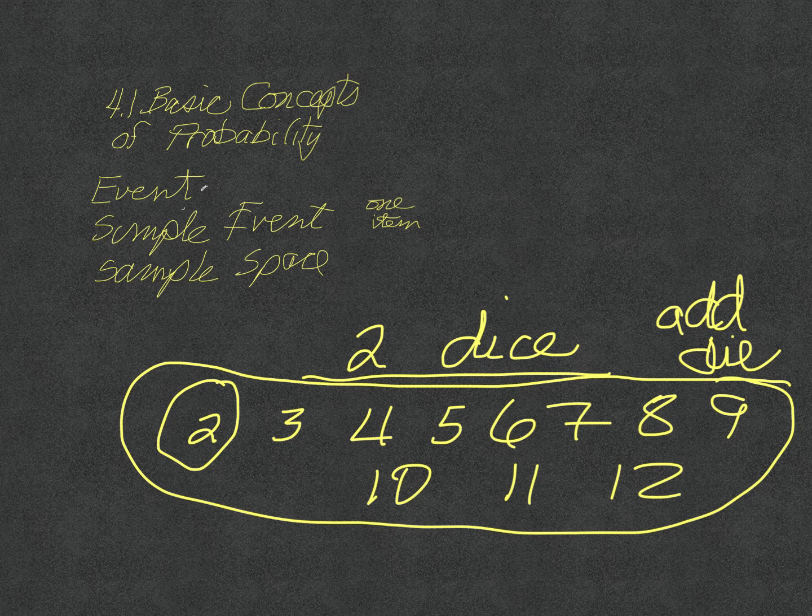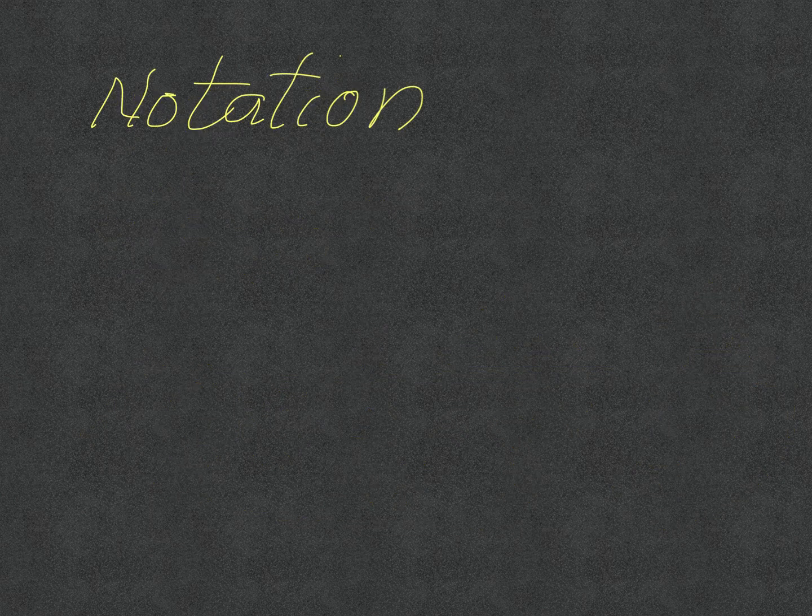It could be just the even sums or just the odd sums or all the sums less than 6. So events just depend on the description. Simple events can't be broken down any further, and then the sample space is always the collection of all of them. Okay, alrighty, let's go on.